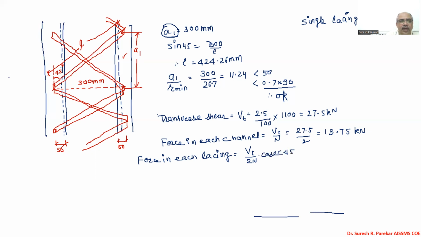Because I have already explained in the last lecture, we are interested in the force in this, and therefore it will be divided by sin 45. So it comes cosec 45, and we have 13.75 upon 2 into 2 into cosec 45, and we will get this value, 9.725 kilonewtons.